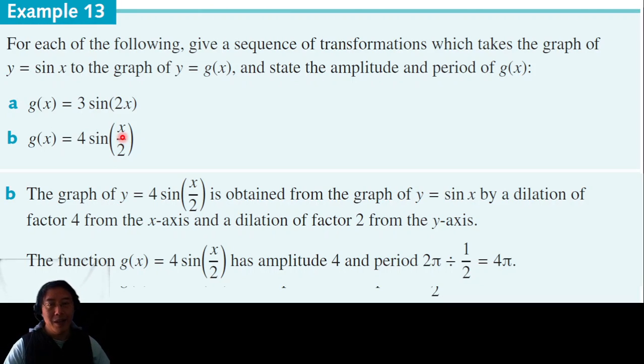So the second dilation from the y-axis is over factor 2. That's where it's coming from. We're doing 1 divided by 1 over 2. That's how you get the 2. The amplitude is 4. You do 2 pi divided by 1 over 2, so that's times 2, that's 4 pi, and that will be your new period.